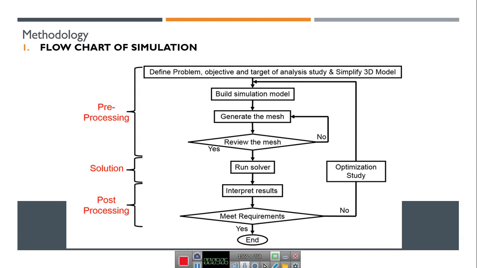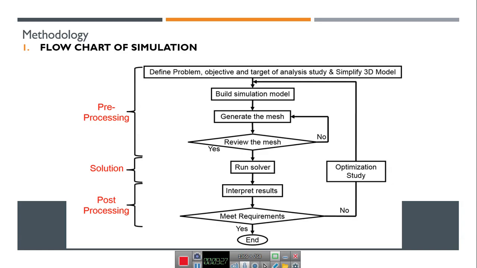By the way, the chart of the simulation in every different approach is the same. First, we have a pre-processing stage. Secondly, the solution or processing stage, and the last stage is post-processing.